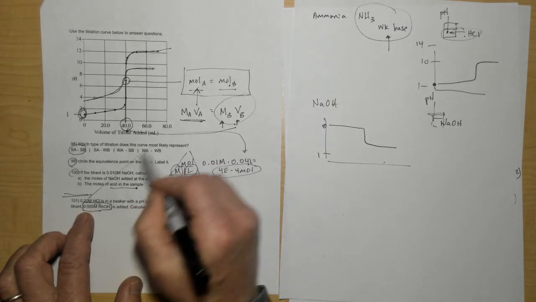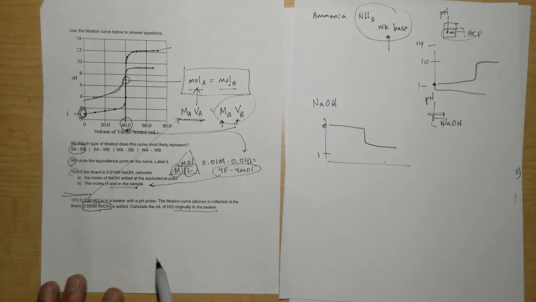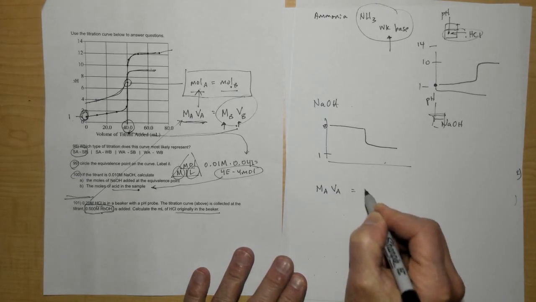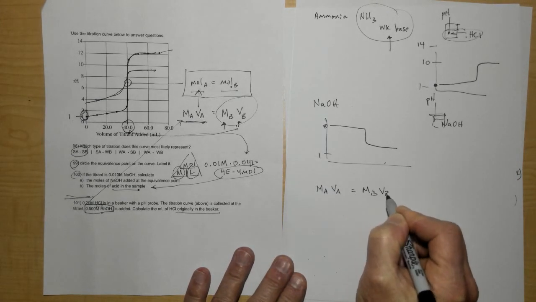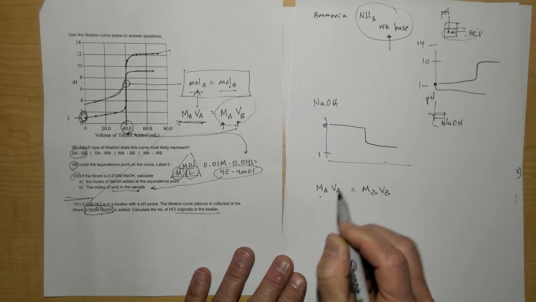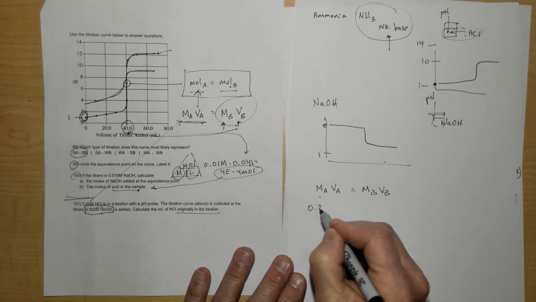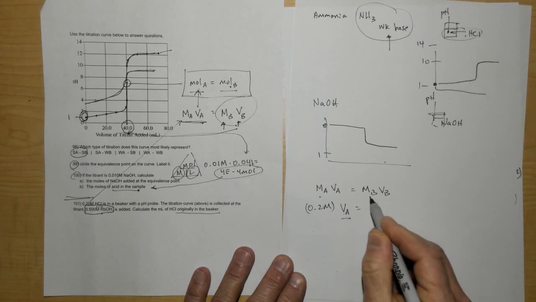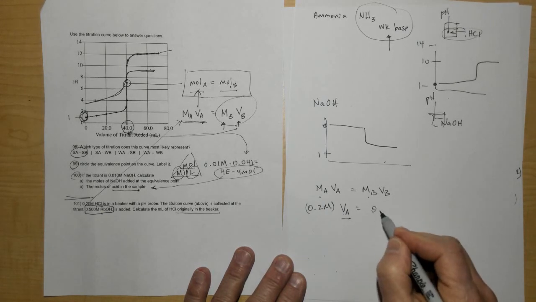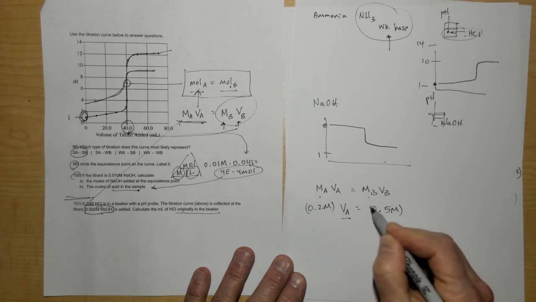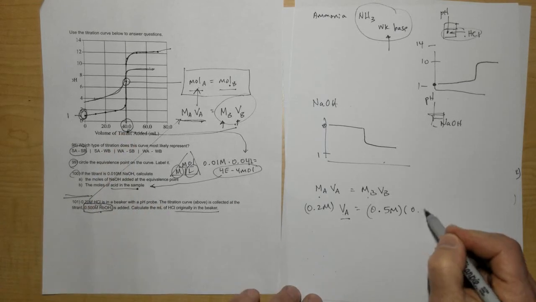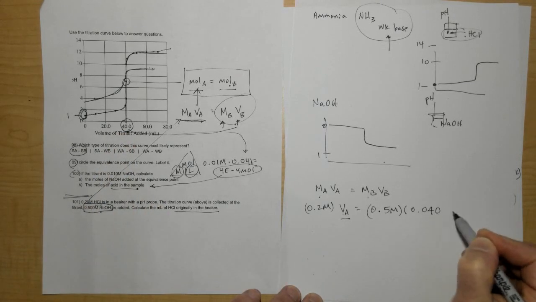I know the molarity of the acid is 0.2. So let's write those out. And I will write MAVA is equal to MBVB, and the molarity of the acid is 0.2 molar. The volume of the acid is unknown. The molarity of the base is 0.5 molar, and the volume of the base is 40 milliliters, so 0.040 liters.